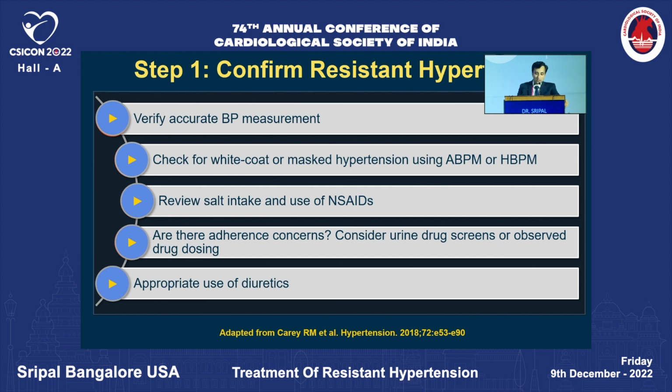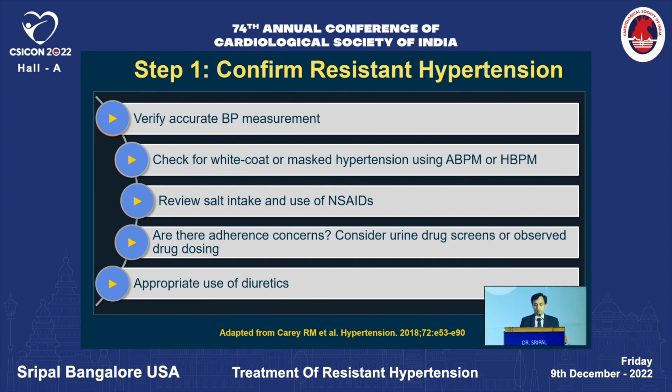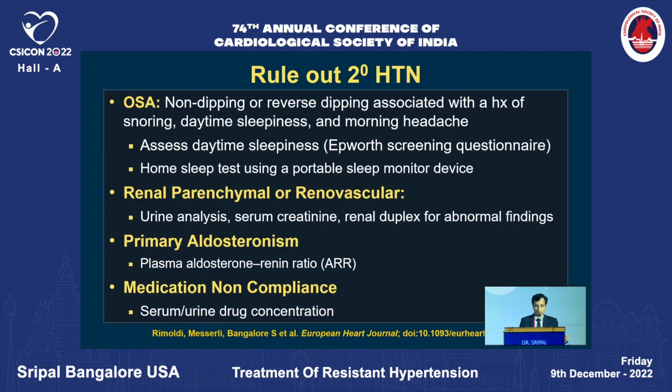Also review salt intake and use of NSAIDs, especially in older patients who may have arthritis and may be taking a number of different medications. Also ask the question, are there adherence concerns? If the answer is potential adherence concern, consider urine or serum drug screening or observed drug dosing. And also make sure that there is appropriate use of diuretics.